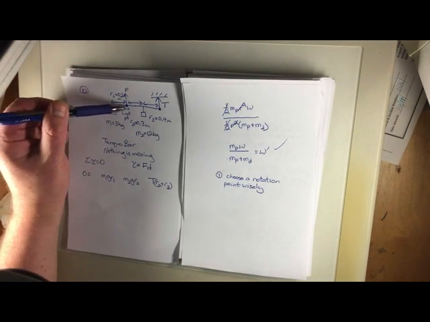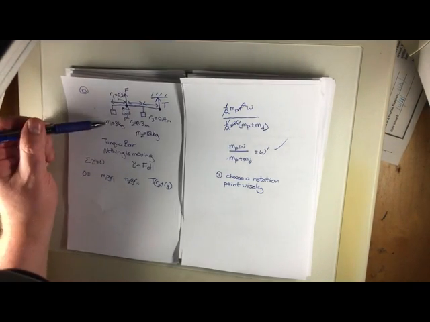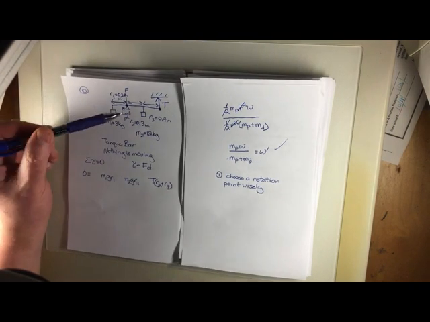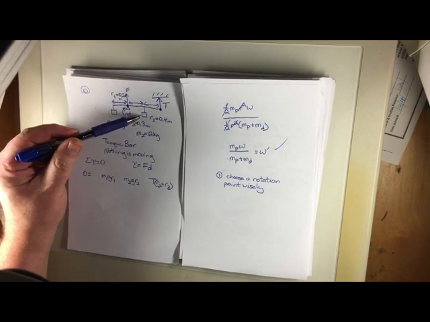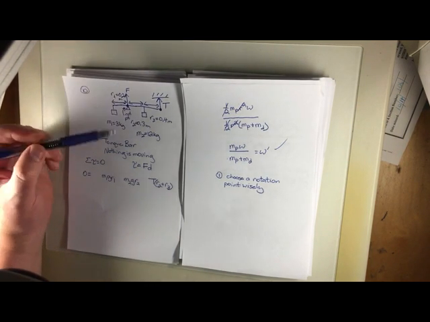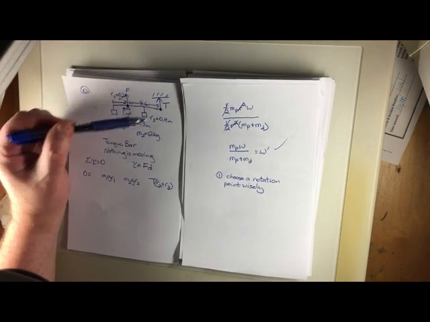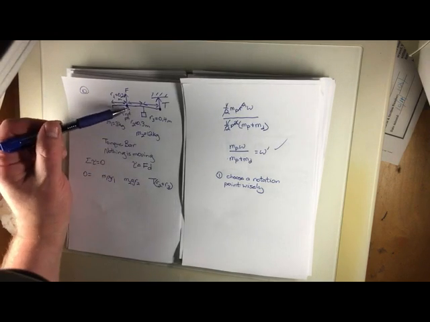The distance from there to there is R1. The force is M1G. The distance from there to there is R2. The force is M2G. The distance from there to there is R2 plus R3. The force is tension.